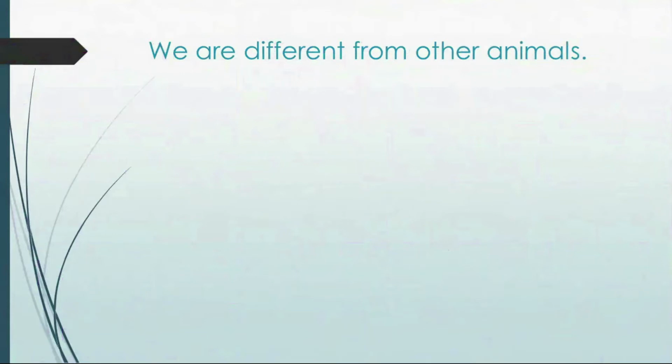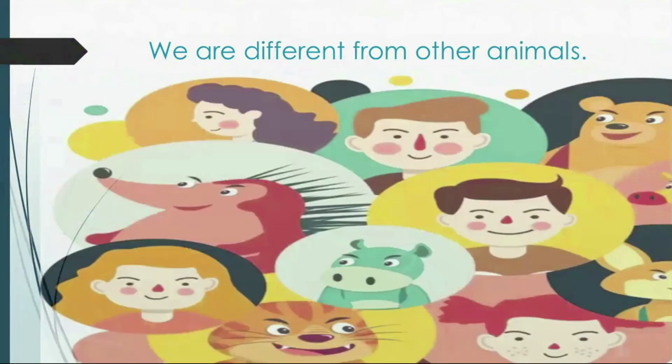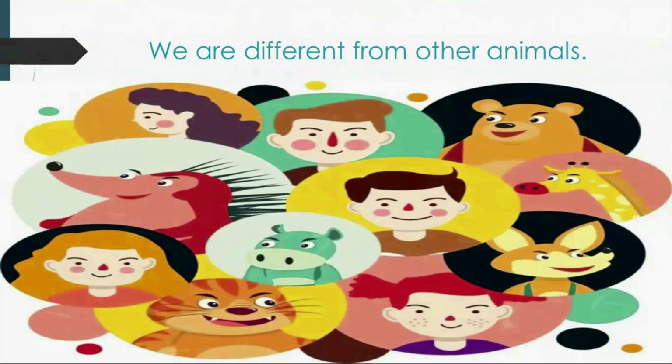How we are different from other animals. But first, we have to look, are we really different from other animals? Now, look at this picture. Can you say that there are different types of animals in this picture? Yes, there are. There are some human beings as well in this picture, right?